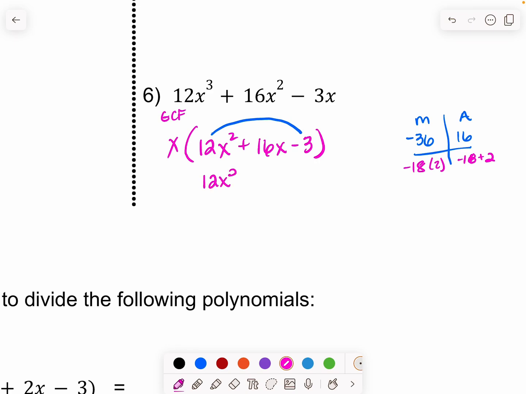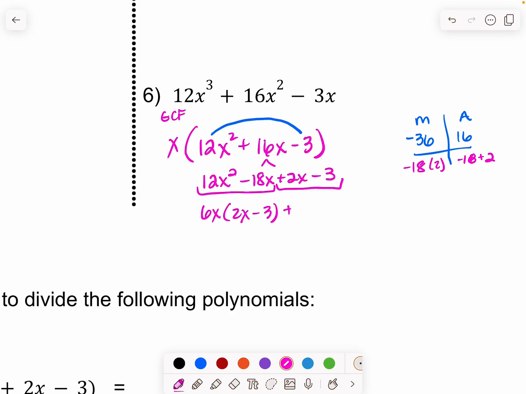All right. So I'm going to split up my 16x into negative 18x plus 2x. All right, and then I take 2 at a time. Got 6x here, and I got 2x minus 3.